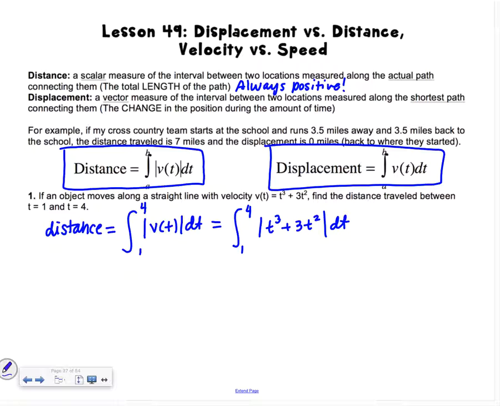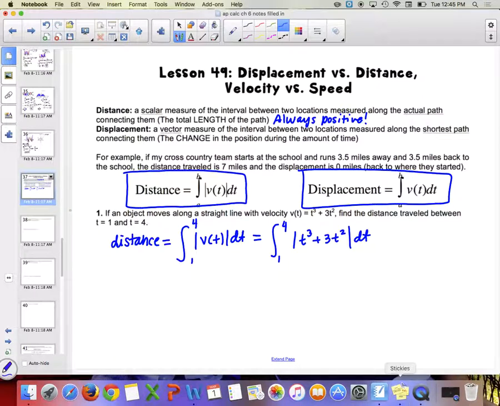So, all right, since this is an absolute value, and we did absolute values yesterday, we want to think about where t cubed plus 3t squared is positive and where it's negative. I think it's positive everywhere, but you can sketch a little rough graph. You can use your calculator if you want to. It would definitely go through 0, 0.